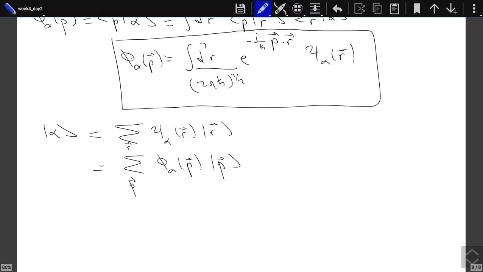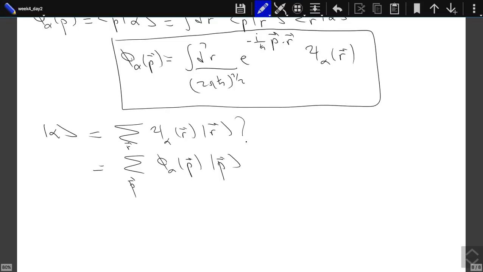Since I'm using different bases, the expansion coefficients are obviously different. But psi alpha of r squared gives me the probability that I will observe my particle in the ket r, and hence at the position r. And phi alpha of p, absolute squared, gives me the probability that I will observe my particle in the ket p, and hence having momentum p.